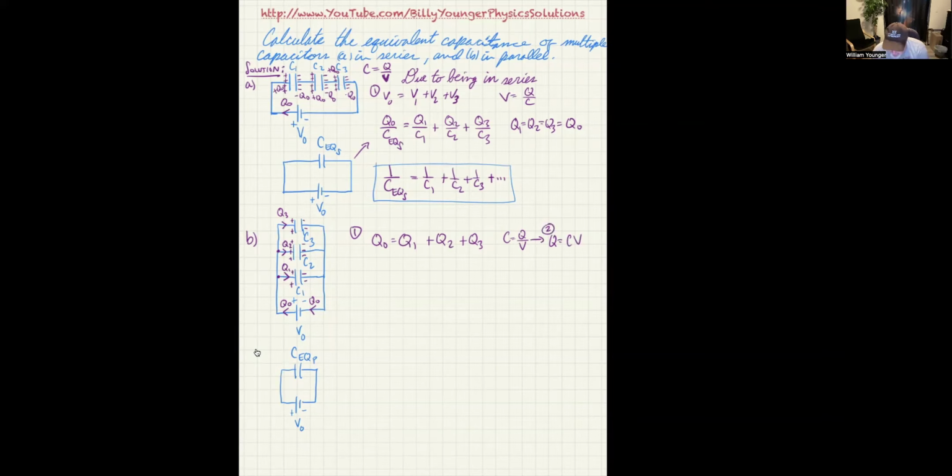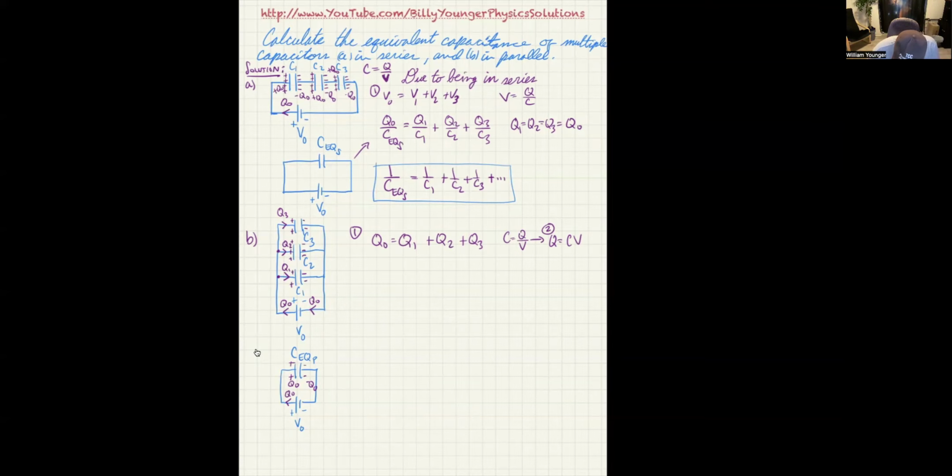Now I can combine equation 2 and equation 1, and I'm also going to use the drawing from the second circuit down here where I have Q0, and this is positive Q0 over here and negative Q0 over here. Notice the capacitance always has an equal charge on each side of the capacitor, but one's positive, the other one's negative.